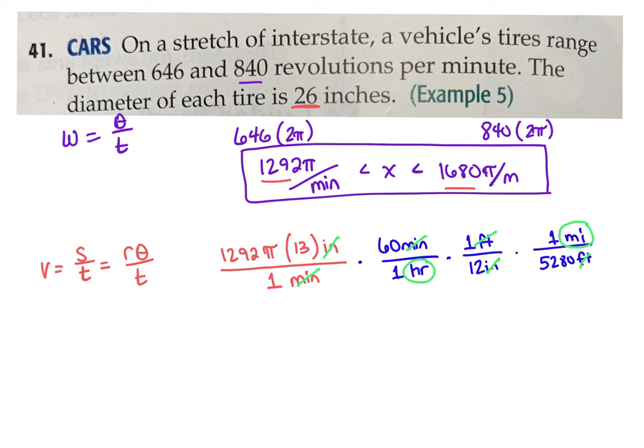And then you just multiply across. So I'm going to say 1292 pi times 13 times 60 divided by 12 times 5,280, and they rounded to the nearest, so this would be about 50 miles per hour. Then you're going to do the same exact thing with your 1680 pi times 13 inches, and do that whole conversion again, and that's going to give you your 65 miles an hour.